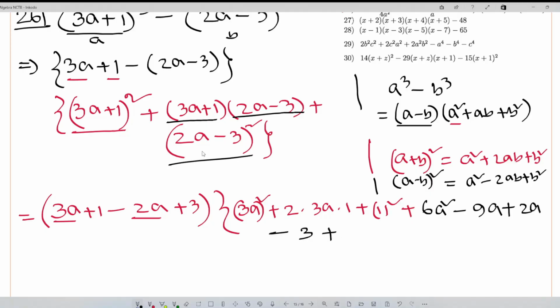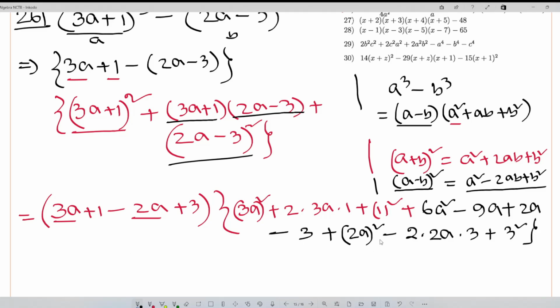Plus now this one (2a - 3) whole square, it means 2a square minus 2 times 2a times 3 plus 3 square, and we are following the (a - b) whole square equals a square minus 2ab plus b square formula, right?